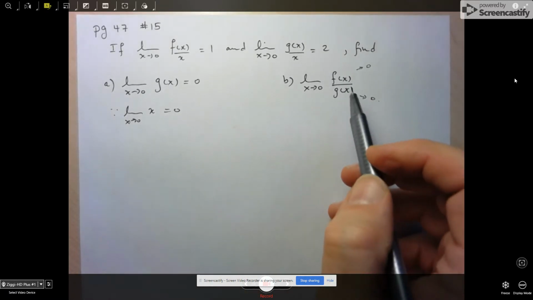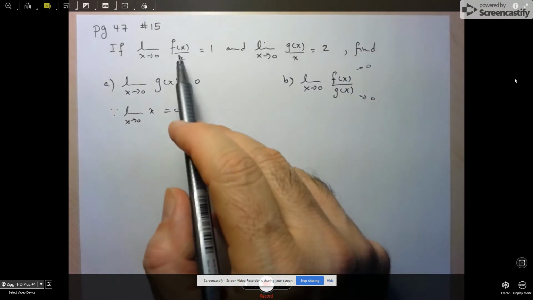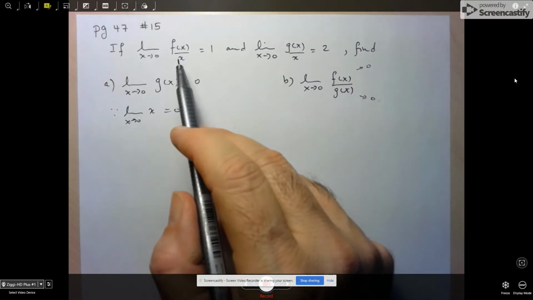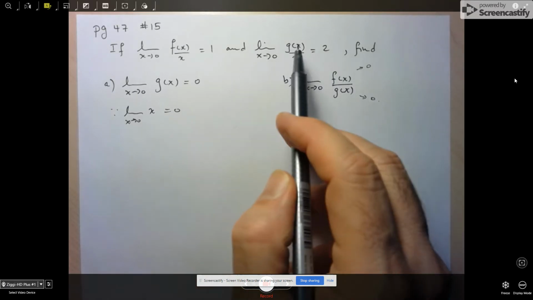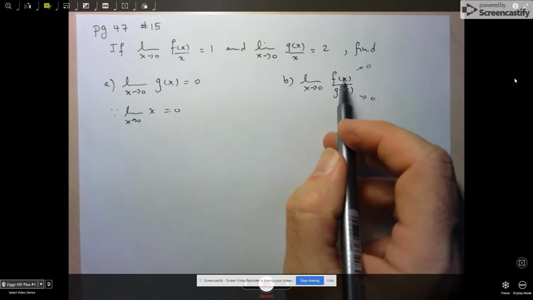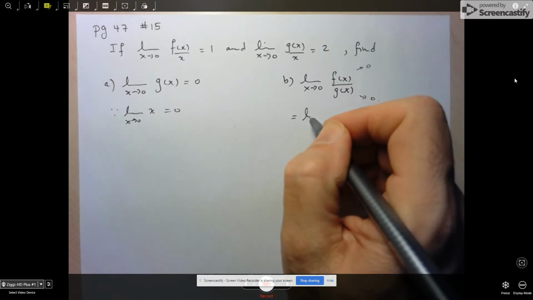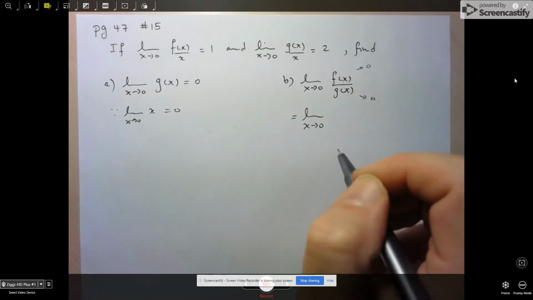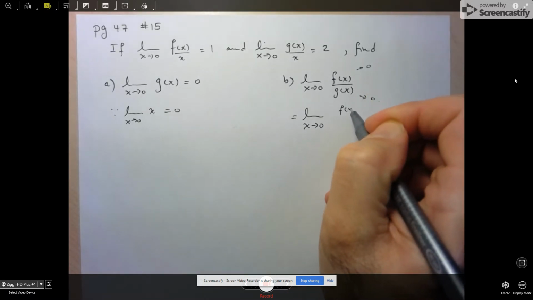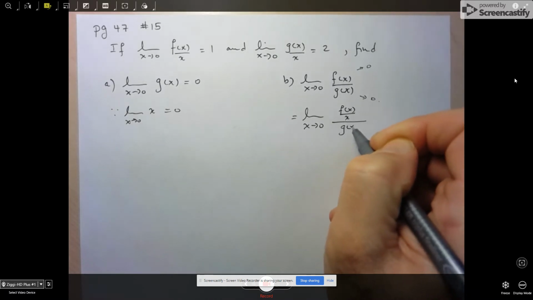So the question is how can I take this expression and use the fact that I know these two limits? Well, I know f of x over x, I know g of x over x, so why don't I just divide numerator and denominator by x, which is a legal algebraic operation. So all I'm going to do here is divide f of x by x in the numerator and do the same thing in the denominator.